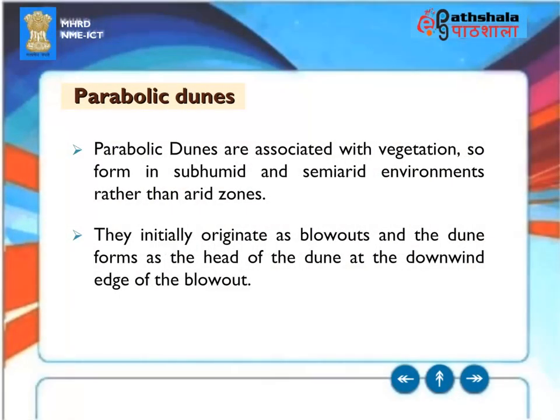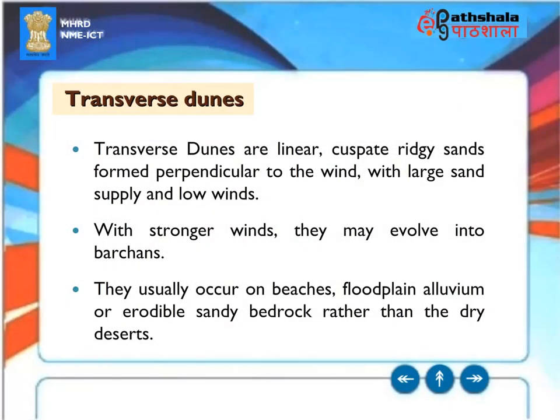Parabolic dunes. Parabolic dunes are associated with vegetation, so they form in subhumid and semi-arid environments, rather than arid zones. They initially originate as blowouts, and the dune forms as the head of the dune at the downwind edge of the blowout. Transverse dunes.